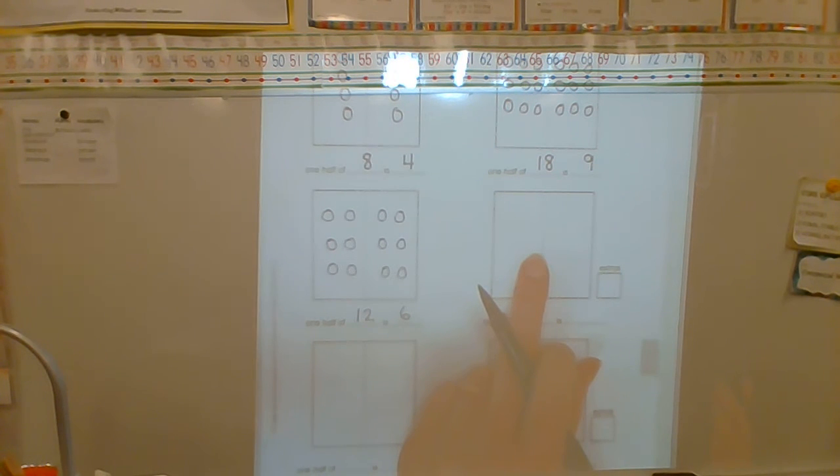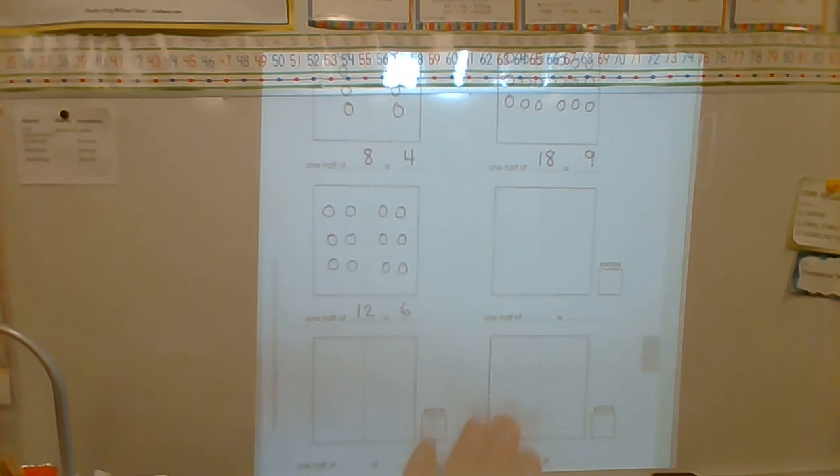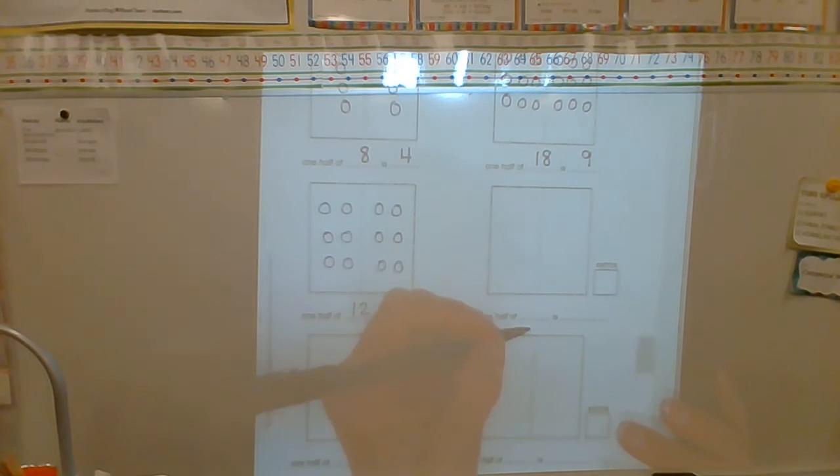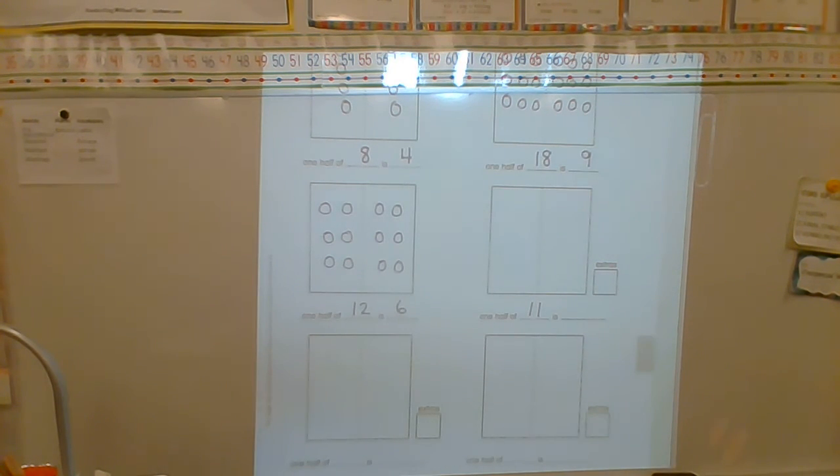All right, now in lesson 96, let's pretend that we have 11 pennies to share. Is 11 an even or an odd number? It's odd, that's right, so put 11 here. I'm going to practice my strategy about doubles.